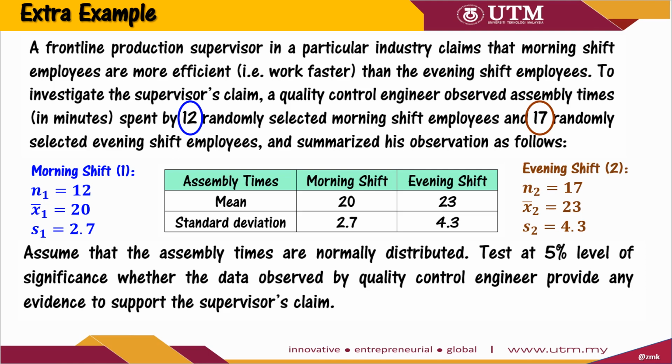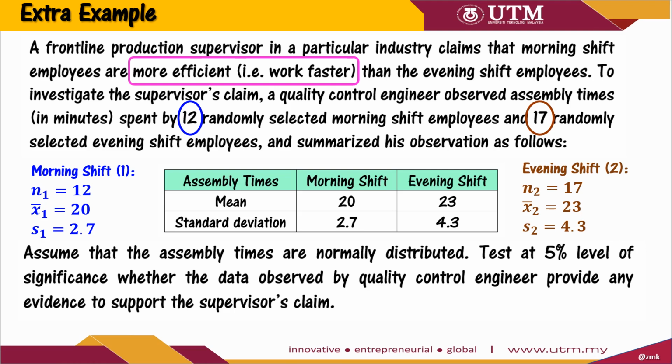Yes, we are to perform a hypothesis test, but what parameter do we want to test? Here we want to investigate if the data observed by the QC engineer provide any evidence to support the supervisor's claim that morning shift employees are more efficient, that is, work faster than the evening shift employees. What does it mean? Work more efficient or faster in terms of assembly time?